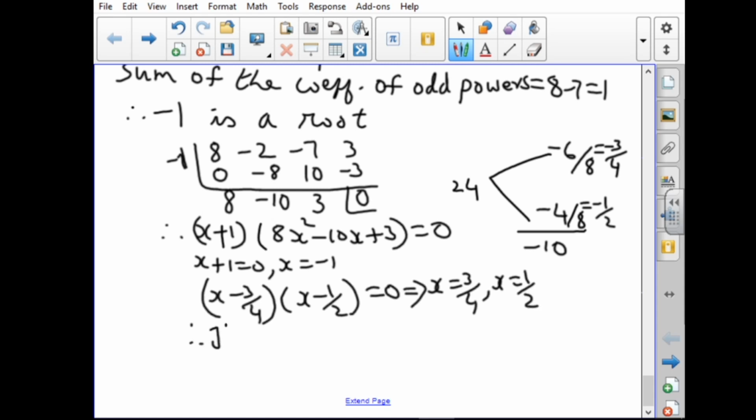Therefore, the roots are x is equal to minus 1, 3 by 4 and 1 by 2.